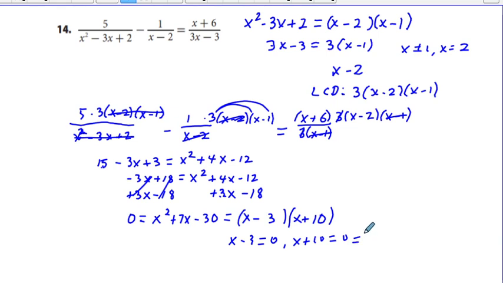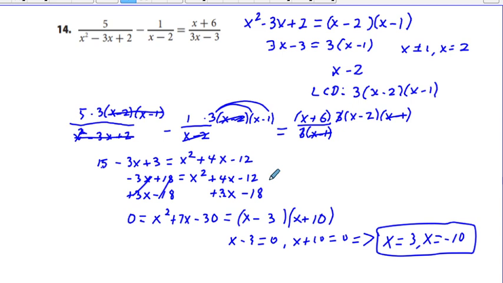So from this, we have x equals 3, x is equal to negative 10, and so we see that none of those are excluded values here, so these would be our correct answers. So we're just about done here.